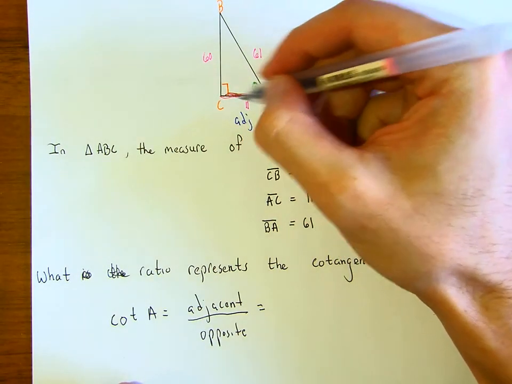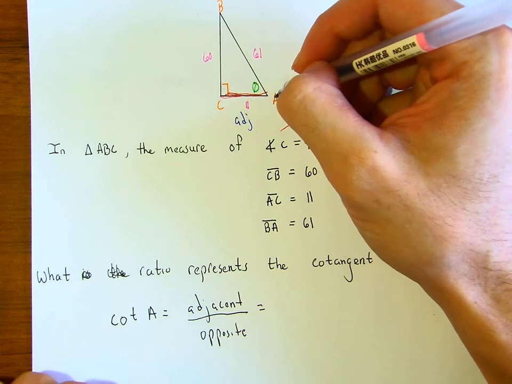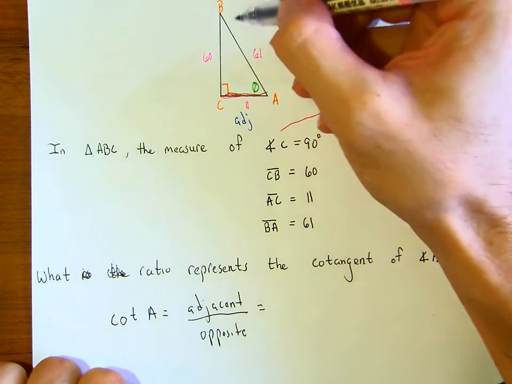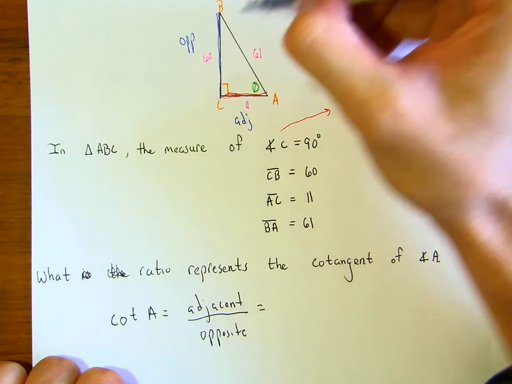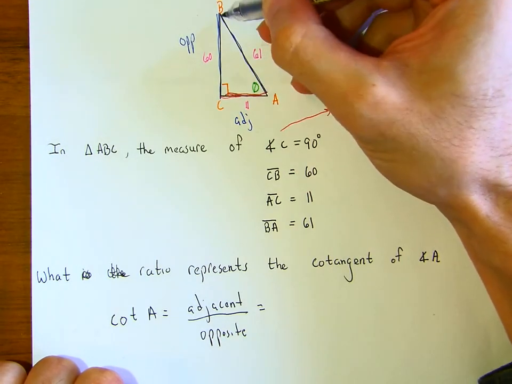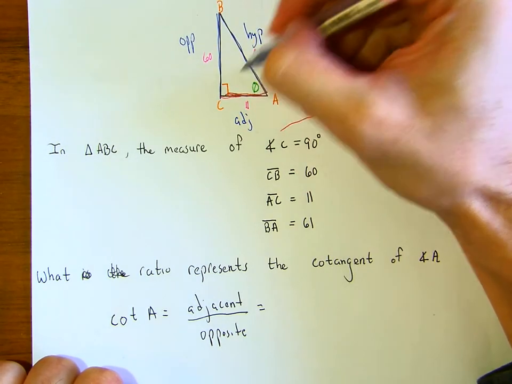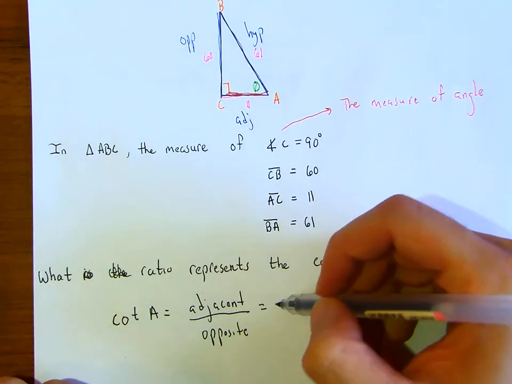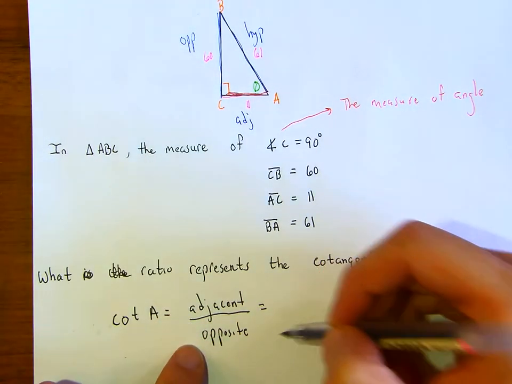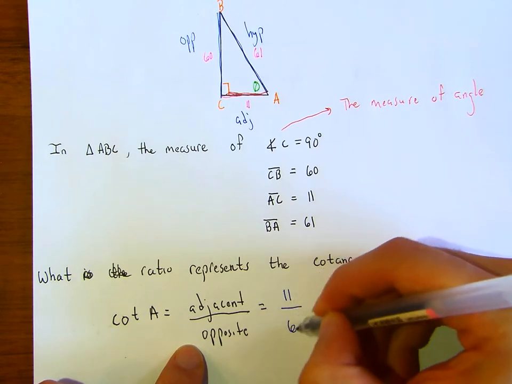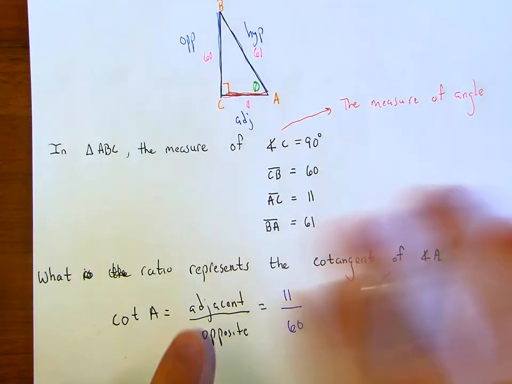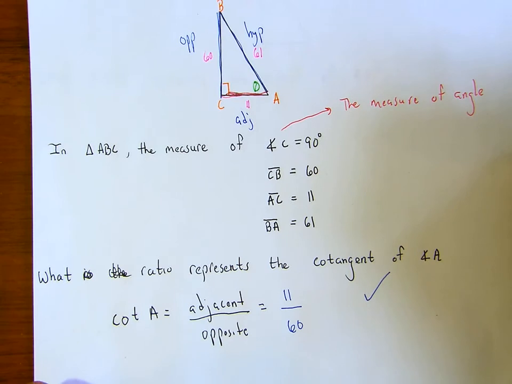The adjacent is C to A. What's the opposite of this angle A? It'll be B to C. This will be the opposite. And notice this has to be the hypotenuse because it's opposite of the right angle, right? So all we need to do is just write adjacent over opposite. And what is our adjacent? It's just 11 over 60. And that's it. We're done. Okie dokie.